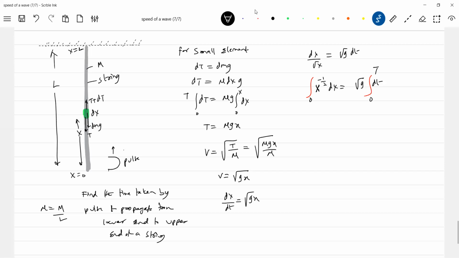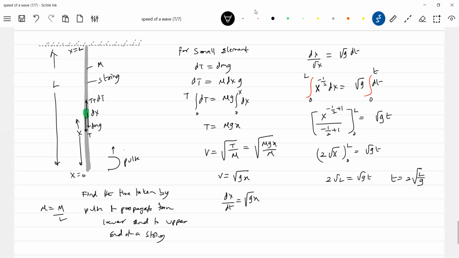So time taken to propagate, the tension we took it, no? So let me write T only. So x to the power of minus 1 by 2 plus 1, so minus 1 by 2. So this will be root x. So T is the time taken by the wave to propagate from one end to another end.